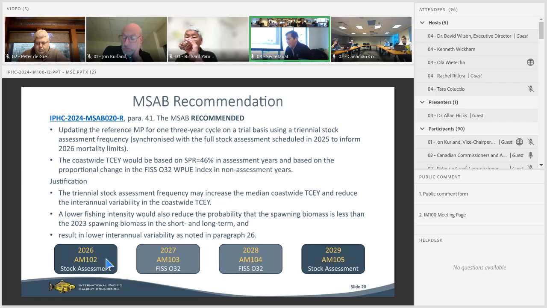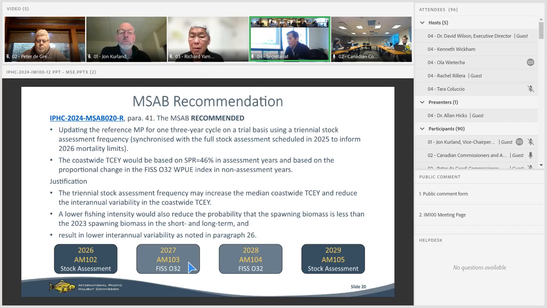Well, this is sort of the lag in information. If the commission was to adopt an SPR of 46% at the 101st annual meeting coming up, then yes, that would be used at the 102nd annual meeting in 2026, presented as the reference TCY from the stock assessment.